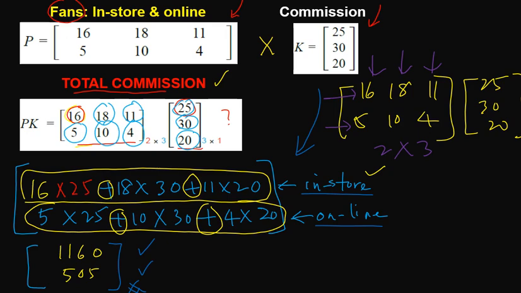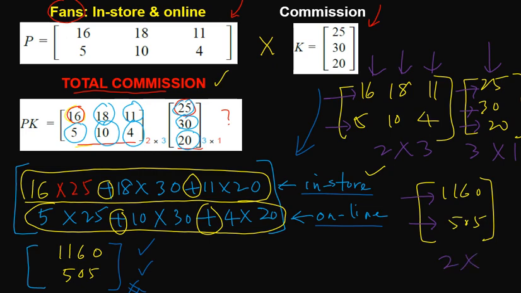And this one is 3 by 1, the column is only 1. So what do you get as your answer? Your answer is 1160, 505. And what's the order? The order is 2 by 1, 1 column.